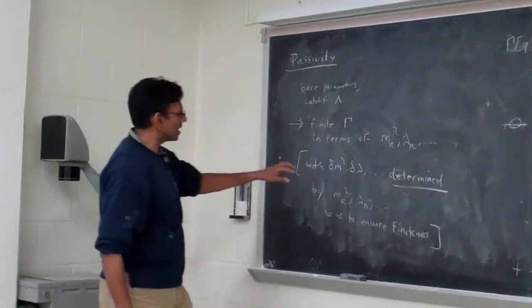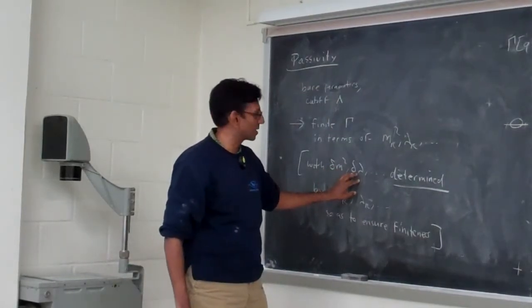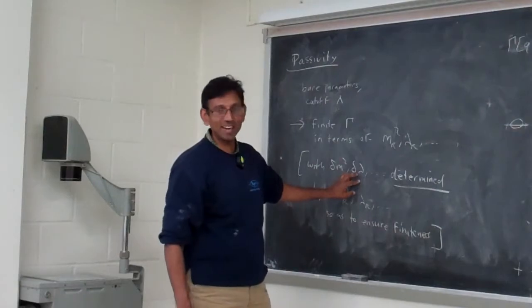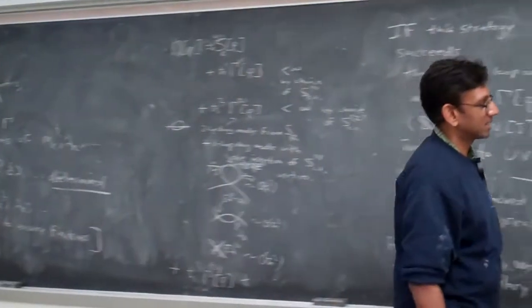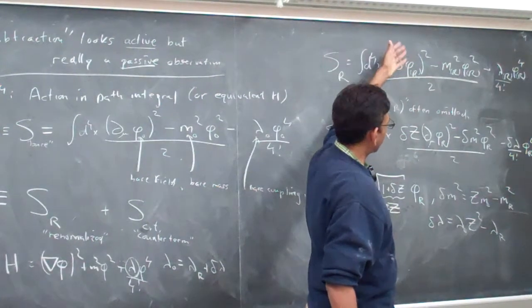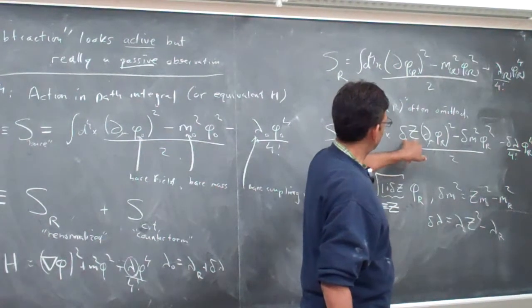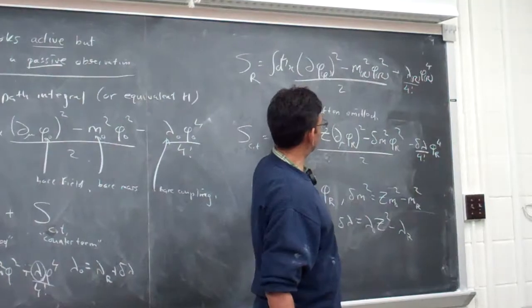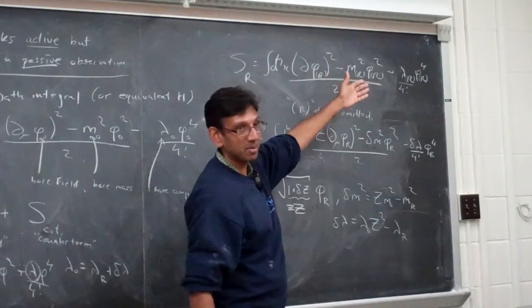So, really, are these deltas independent parameters? No, they're strongly constrained by this requirement that I get a finite answer. Once you tell me these guys, I'm supposed to calculate diagrams, and in every loop order, I'm actually choosing these guys to subtract the divergences incurred by this choice of parameters.